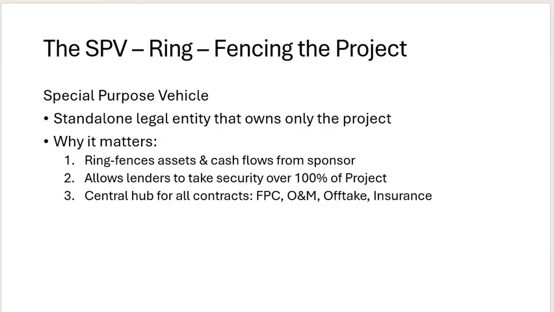So why does it matter? It ring fences the assets and the cash flow from the sponsor. Let's discuss some of the ring fencing of assets. Ring fencing is a financial or legal separation of specific assets, funds, or operating units from the company's main business. It ensures they are used solely for designated purposes and protected from overall risks.